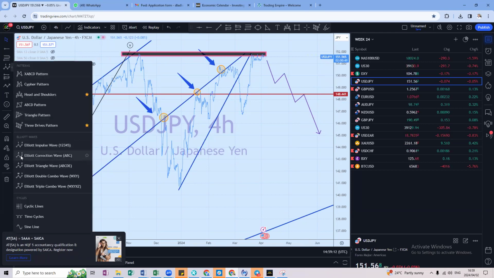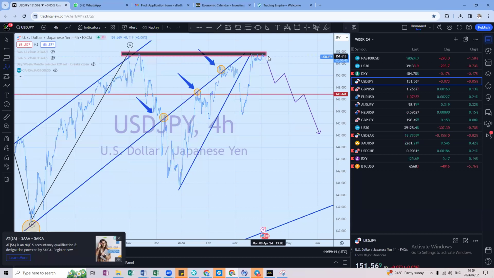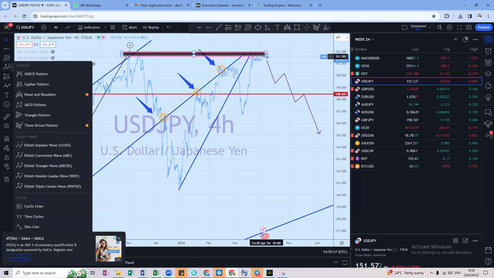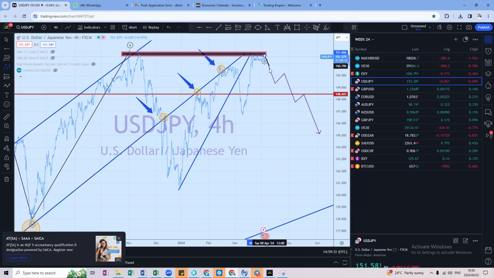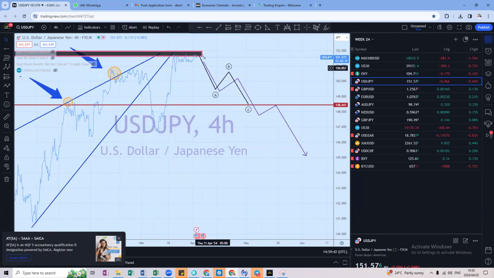Not a big pullback, but I'm expecting dollar to be weak, like AB. Let me just delete this. I'm expecting from there ABC. Yeah, I'm expecting that move for the week, at least there, if not all the way there, but I'm expecting a pullback from the zone.